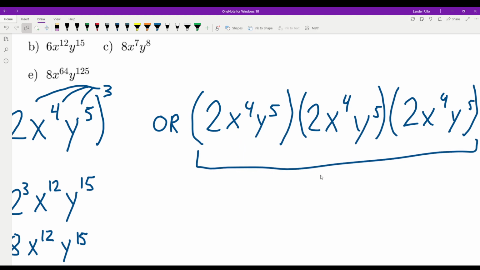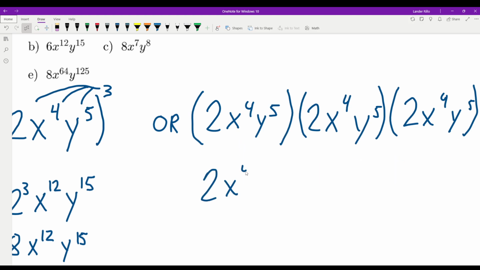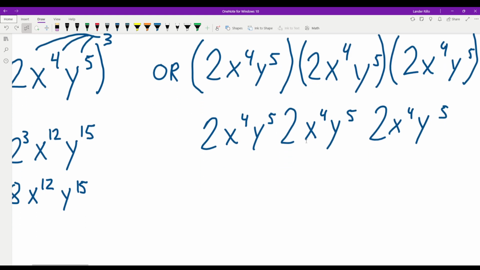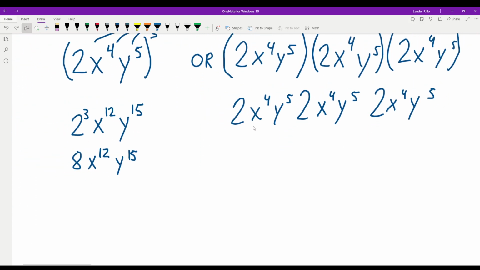You can just drop the brackets. And then you would multiply it all out, multiply all the x's, multiply all the 2's, multiply all the y's, and you should get the same answer. 8x^12 y^15. Okay?